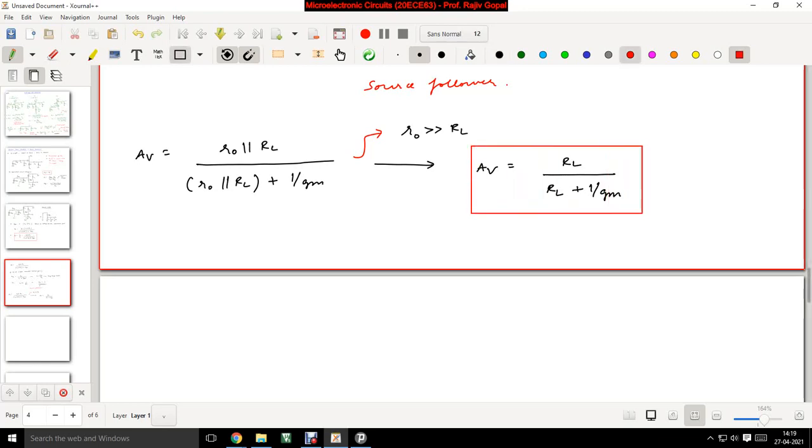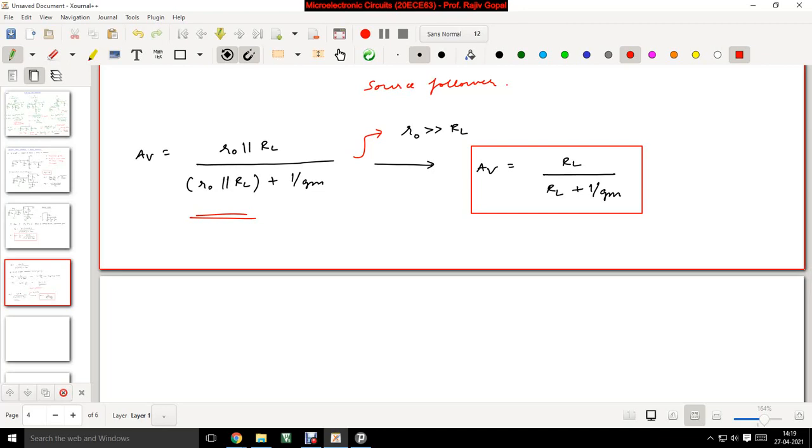The base expression is this one. But if you take into consideration two things: one where we find AV naught, where we make RL infinite, then you get R naught by R naught plus 1 by Gm, and since R naught is greater than 1 by Gm, AV naught becomes 1.